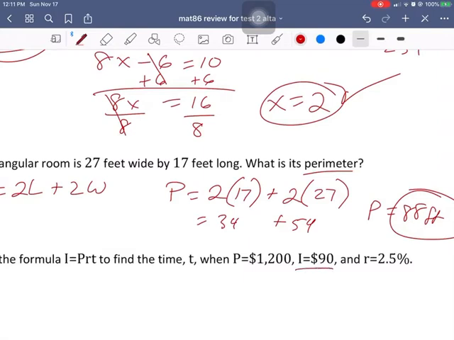Can't rush math. Let's see, the I is 90. I'm going to follow this over here. That'll keep my eye on the ball here. P is 1200 times R. This right here as a decimal, you divide it by 100, you're going to get 0.025, and then we're looking for the T, right? I've got 4 variables.